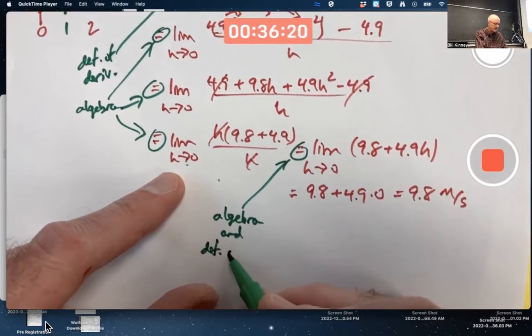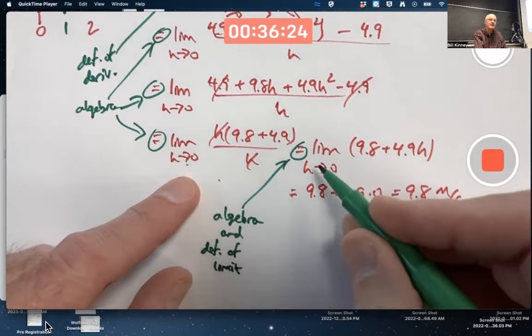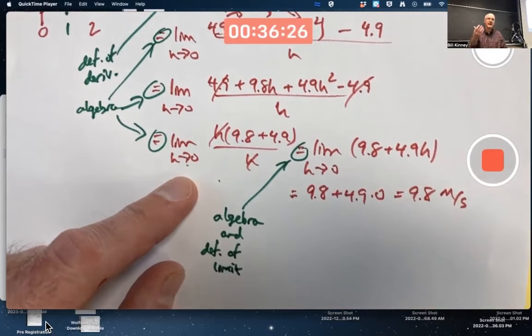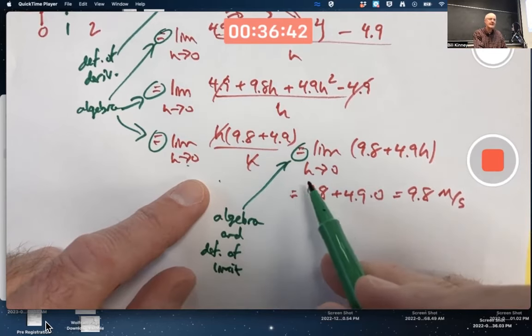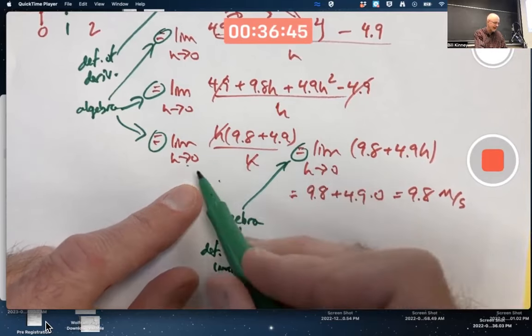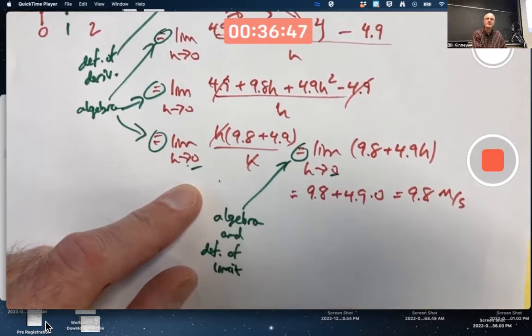Why is it the definition of a limit? In that definition with the epsilon and delta, when you're letting x approach some number c, you're thinking about it not actually equaling c. The absolute value of x minus c is also bigger than 0 in that definition. X doesn't actually equal c. The value of the limit is independent of what happens to this function at c equals 0 in this case.